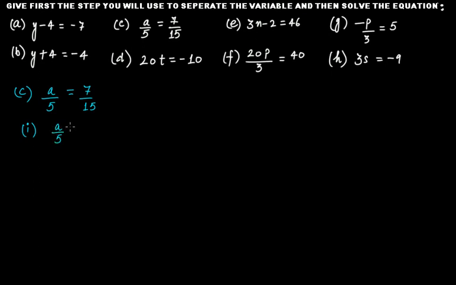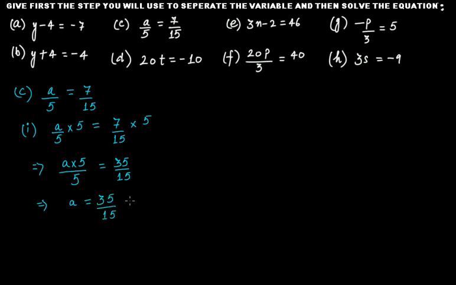A divided by 5 times 5, and since we have multiplied the left hand side by 5, in order to maintain the equality you'll have to multiply the right hand side also by 5. So this will become what? This will be a times 5 over 5, and this will be 35 over 15, and this will be a equals to 35 over 15.